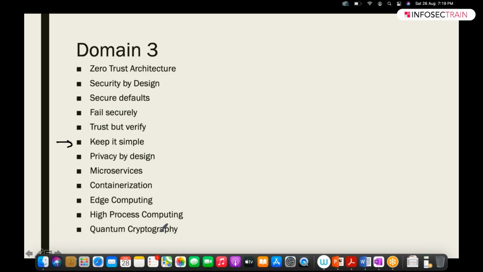Quantum cryptography. To my surprise, quantum cryptography has always been there, even before May 2021. Quantum cryptography is one of the important concepts, and one of its practical applications is quantum key distribution. Quantum cryptography is not going to change the way we look at encryption.